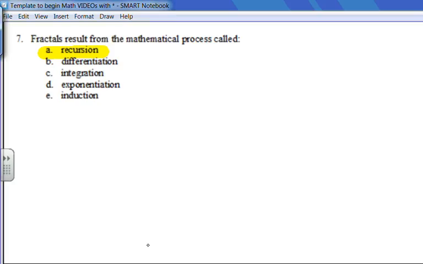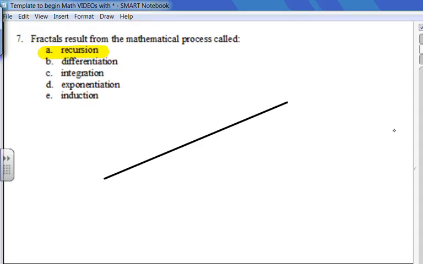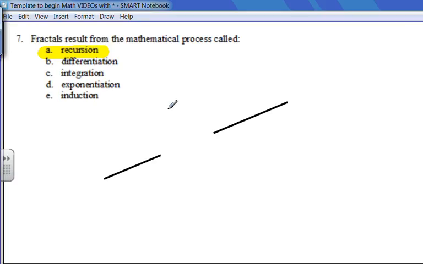We saw an example in the video where they started with a segment and they erased the middle third of that segment. And then constructed a little dome.